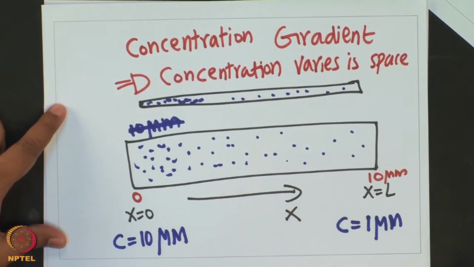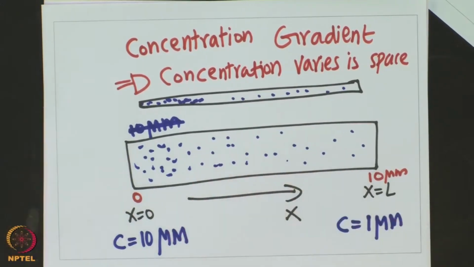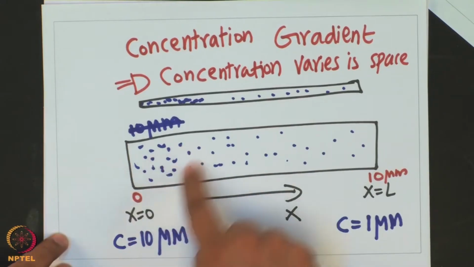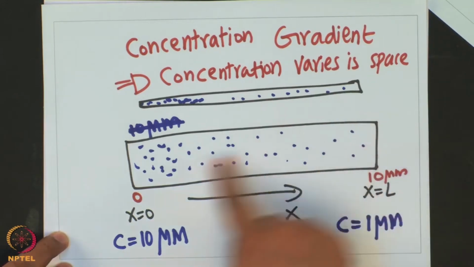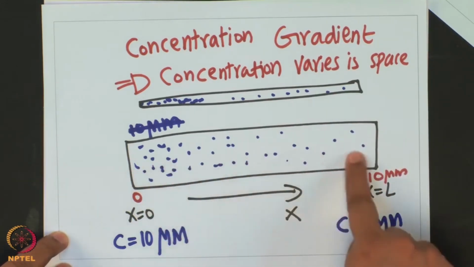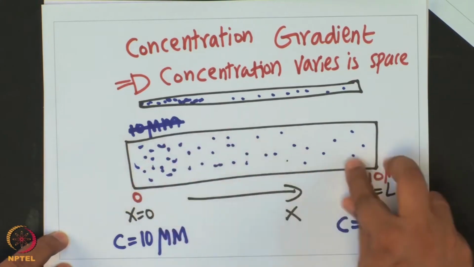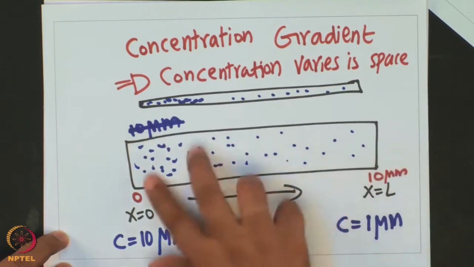Concentration varies in space. So this spatial variation of concentration, that is high concentration here, and as I go along the space I have low concentration here. So this spatial variation of concentration from one part of the cell to the other part is a concentration gradient.